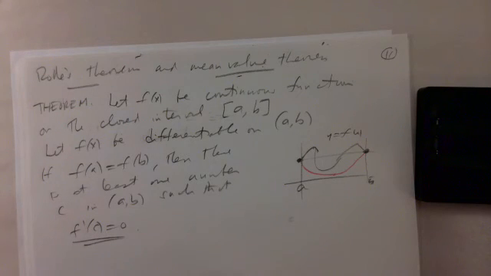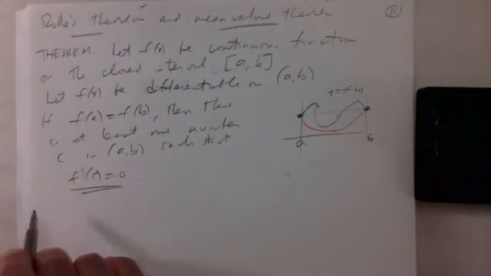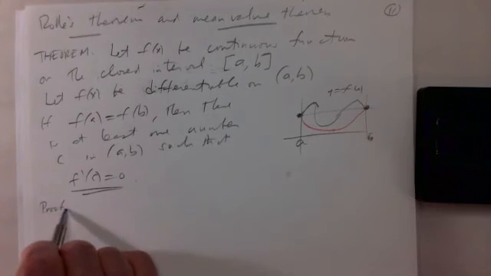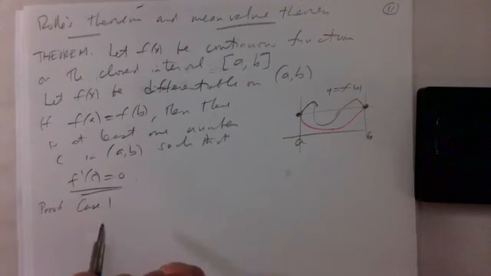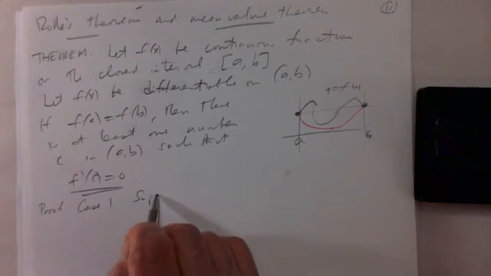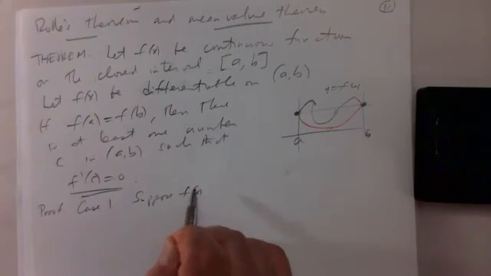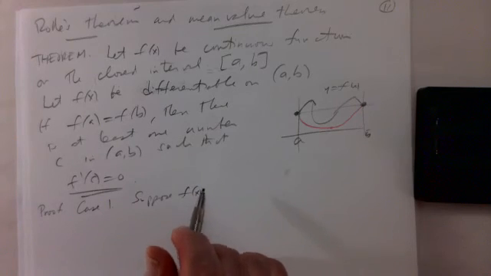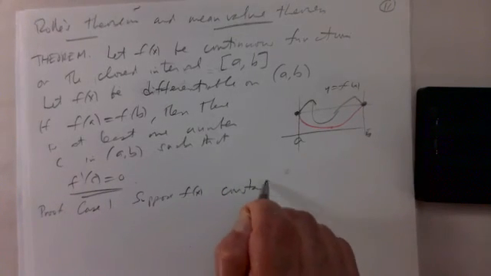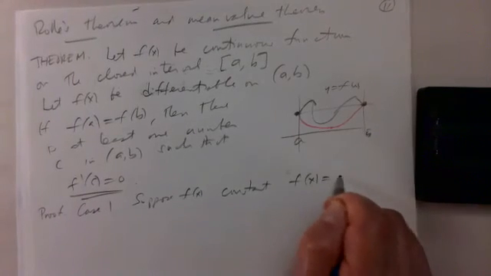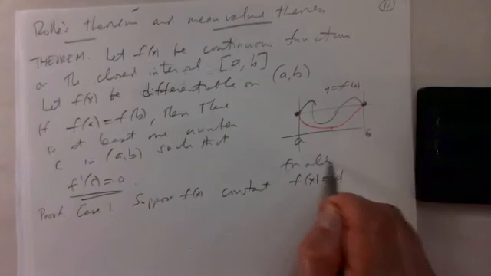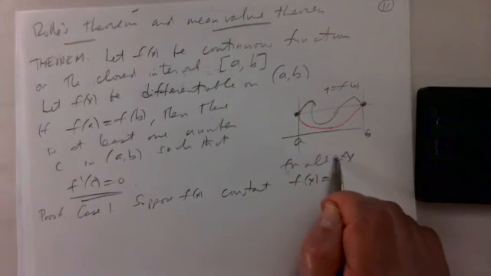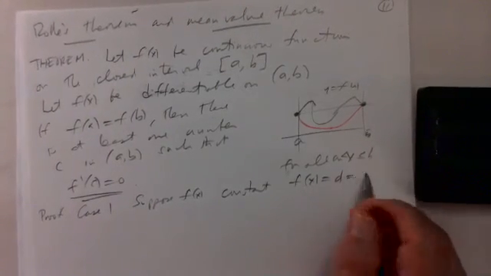So let me just sketch a proof to motivate your understanding of why a theorem like this is true. There are two cases, and the first case is trivial. Suppose f of x is constant. So f of x is equal to d for all x between a and b.